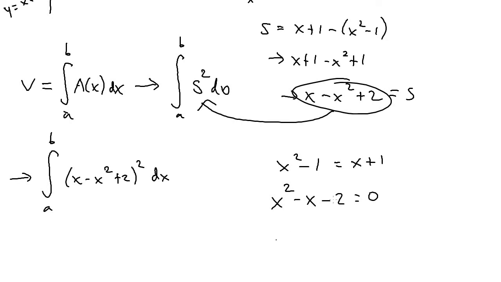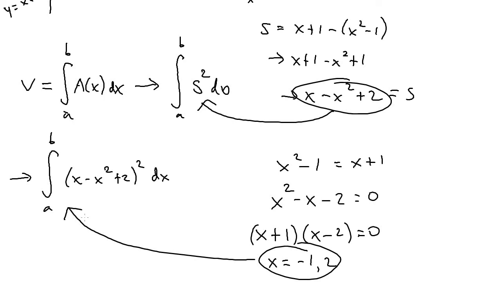I need something that multiplies to negative 2 and adds to negative 1, and that is x plus 1 and x minus 2. So the x values of intersection are at x equals -1 and x equals 2. Now I can take these values and plug them into my integral, so we're going from -1 to 2.